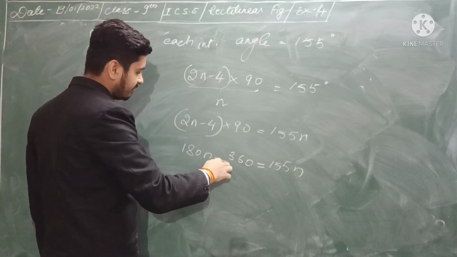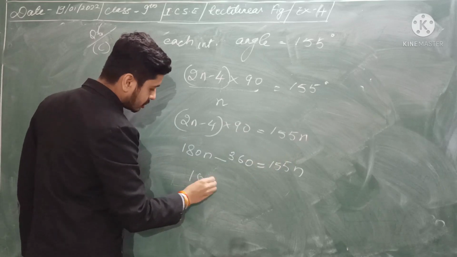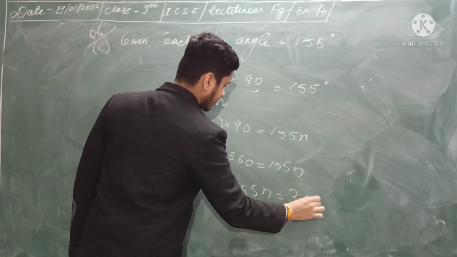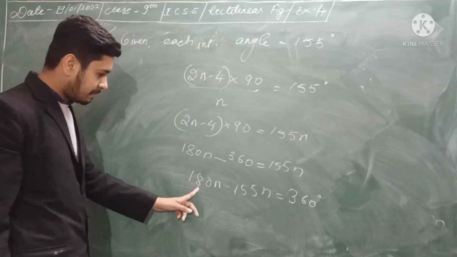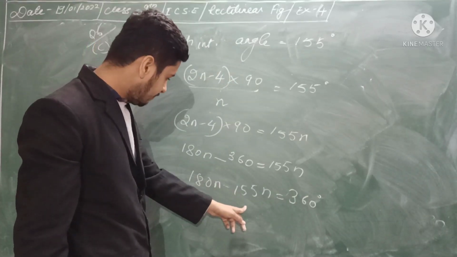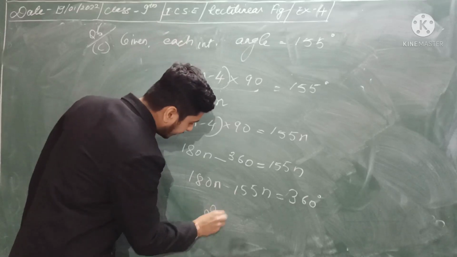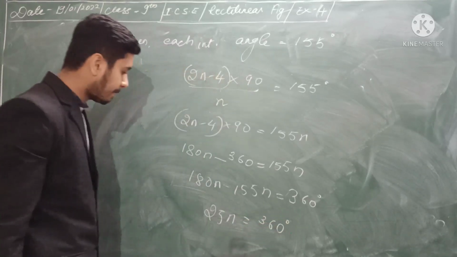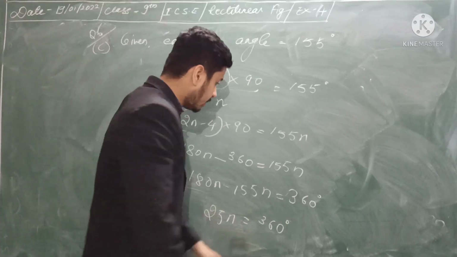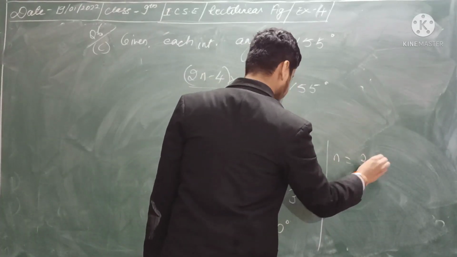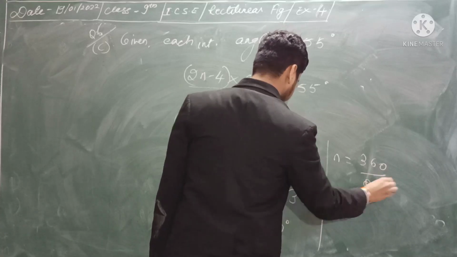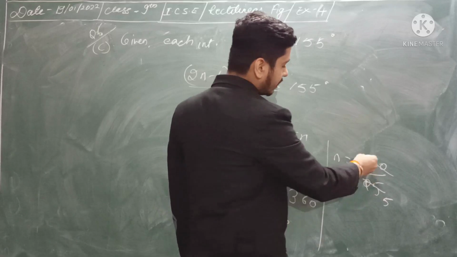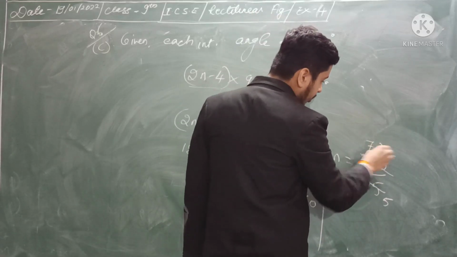Transpose this 155 here and 360 there. So 180 n minus 155 n is equal to 360 degrees. Now subtract this. What you will get after subtracting? 25 n is equal to 360 degrees. Then your value of n will be 360 upon 25. Now try to cancel it with the table of 5. So 5, then this will give you 72.